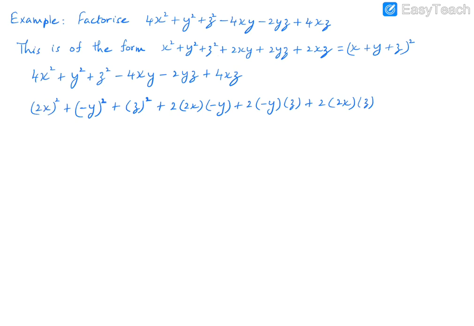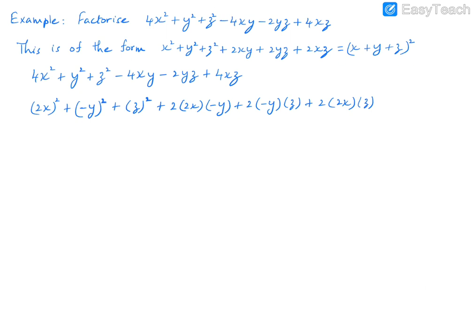So it's x squared plus y squared plus z squared plus 2xy plus 2yz plus 2xz. In place of x we have 2x, in place of y we have minus y, and in place of z we have z. So we just have to substitute them accordingly.